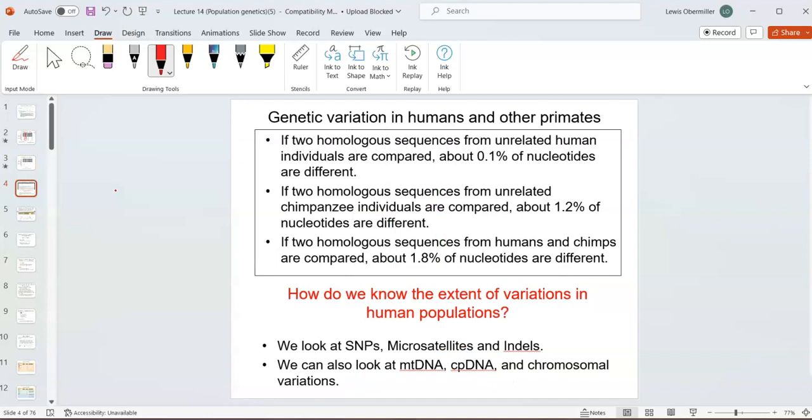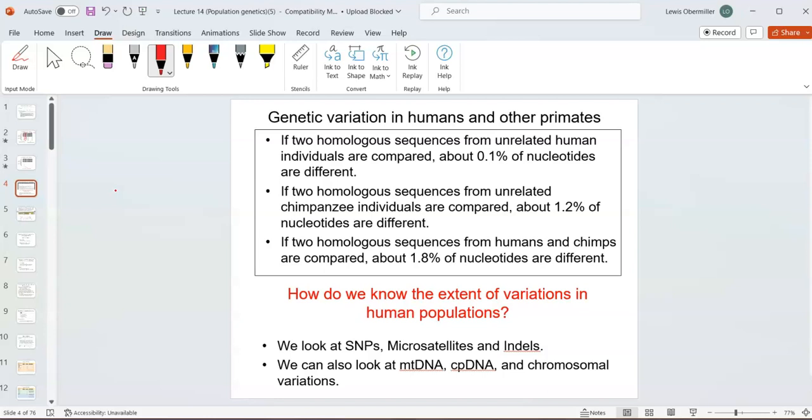Okay, so if we look at a variation in a population, and you know this, it's not a surprise. If you sent your DNA off to Ancestry or 23andMe and they looked at all of your SNPs, your single nucleotide changes, and they compared them to other people, you know that your DNA is going to be most closely similar to someone that's maybe your sibling or your mother and father or your children than it is to someone who lives in another country.